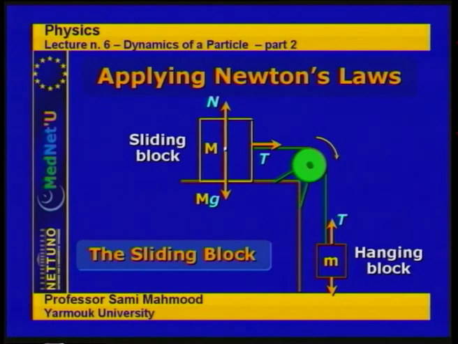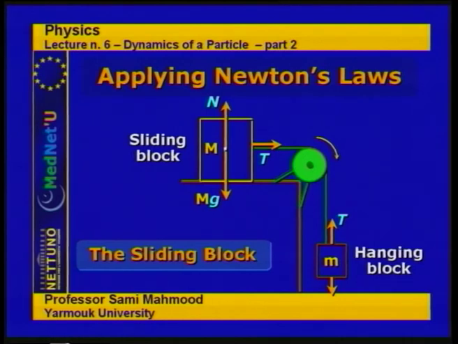There is also a third force acting on the sliding block, which is the tension in the cord. Notice as the hanging block falls down, it pulls on the cord, and the cord pulls on the sliding block. So the pull in the cord on the sliding block is what we call the tension, and this is a force that pulls on the sliding block.